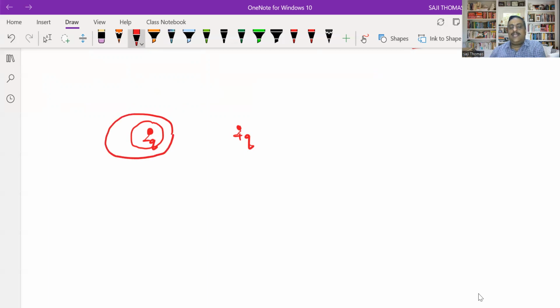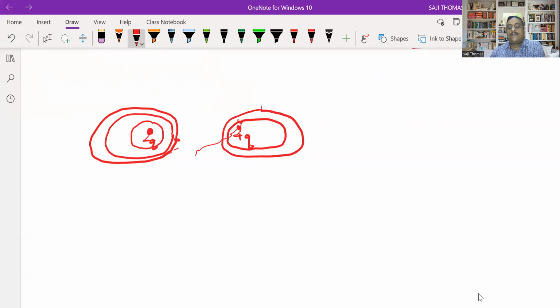There won't be exact spheres around each charge. It is distorted like this. This is for the negative charge. Similarly, around the positive charge. So these are the equipotential surfaces for a dipole.